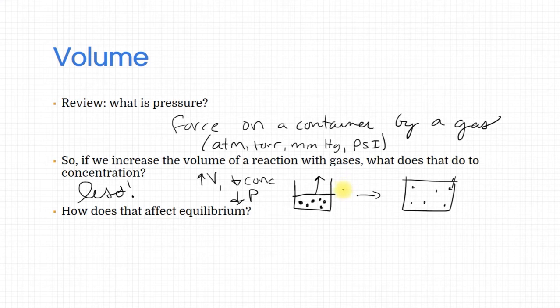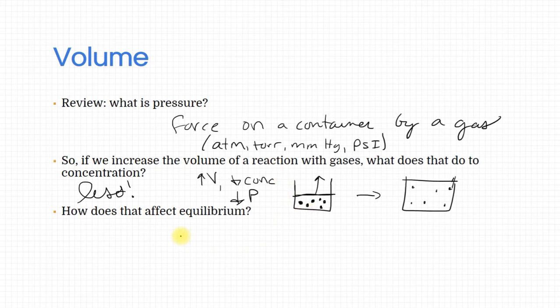I mean, sibling. True story. So changing the volume changes the concentration. Increasing the volume decreases our concentration, and the opposite is also true. If I decrease the volume, I'm increasing the concentration, and also pressure. So that's a relationship that we should keep in mind.